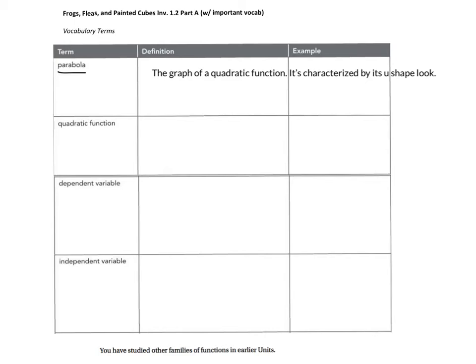Okay, and something that we're going to learn how to find and how to estimate is that a parabola has a line of symmetry that passes through a maximum or minimum point.